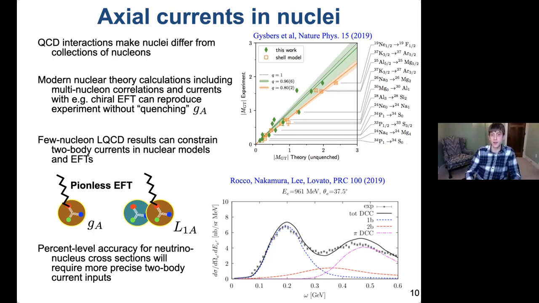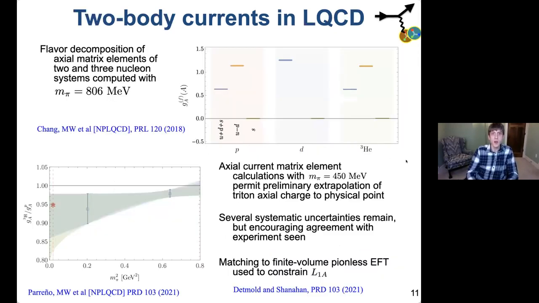And it's also known that these two-body current effects are important in neutrino-nucleus scattering at the precision that we're aspiring for here.